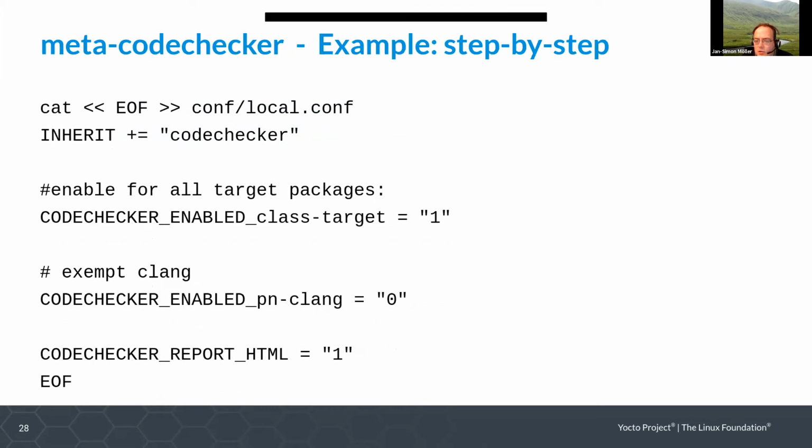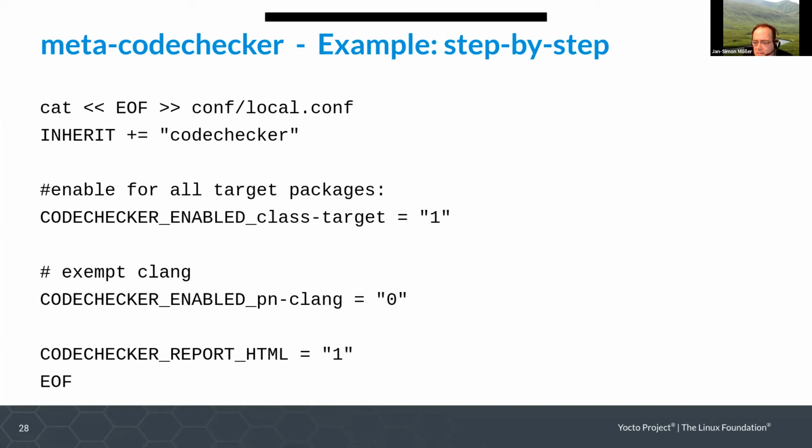So you have to inherit the CodeChecker class, which will do all the magic. And then you still have to enable it. Just inheriting the class will do nothing. You will have to enable it, and as I said, I don't care about stuff that runs on my build machine. So I can enable it only for stuff that goes onto the target.